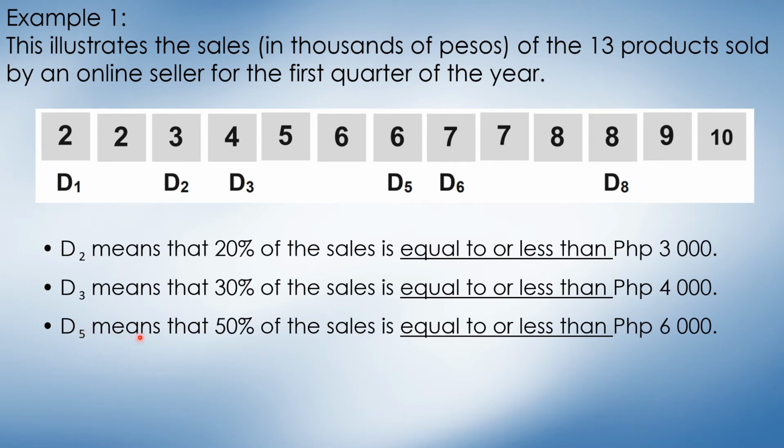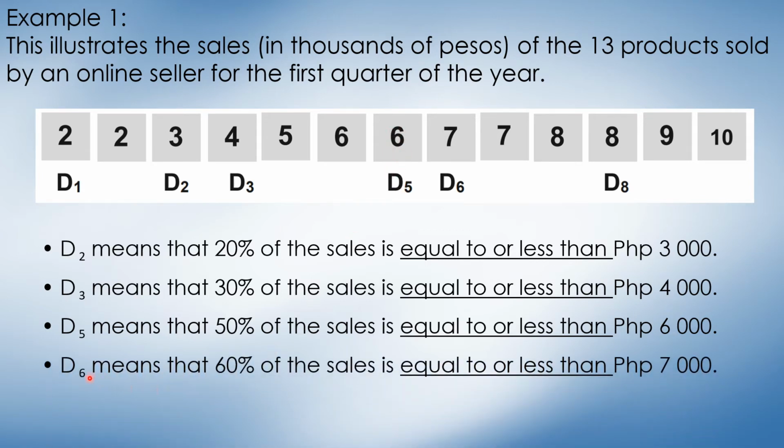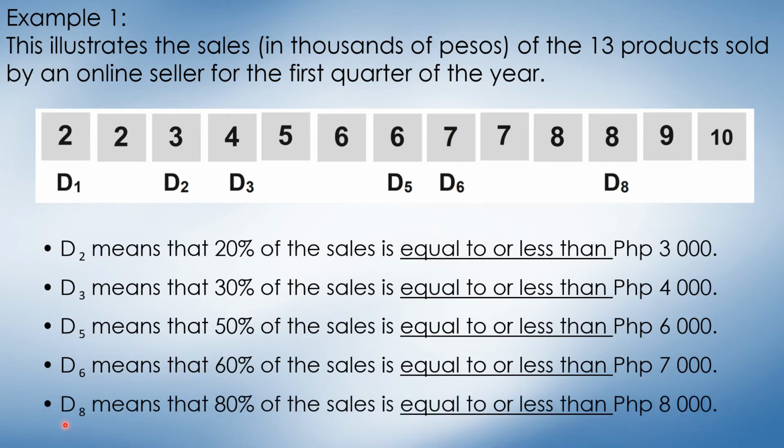Fifth decile means that 50% of the sales is equal to or less than 6,000 pesos. Sixth decile means that 60% of the sales is equal to or less than 7,000 pesos. The eighth decile means that 80% of the sales is equal to or less than 8,000 pesos.